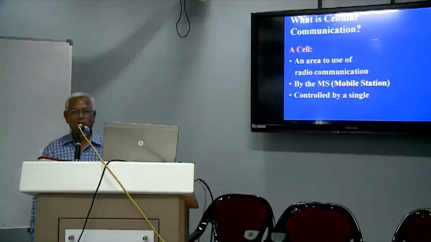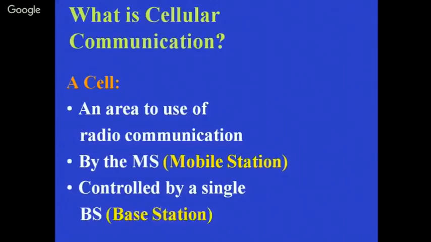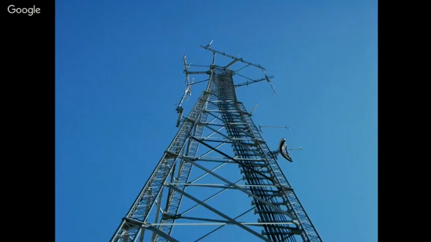You have gone through so much about cellular communication, but who gave the idea of cellular communication? This is that tower that is available in all parts of the cities. And if you see this tower, these are the antennas.